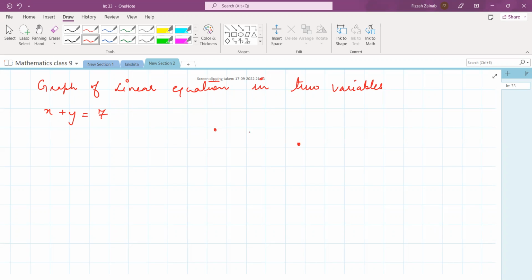If I get 2 points, I can simply join them and get a line, correct? Is this understood? Yes, ma'am. So 2 values are enough to plot a line. So what we will do is I'll assume 2 values for x. Let's say for x is equal to, or in fact, we make a table like this.